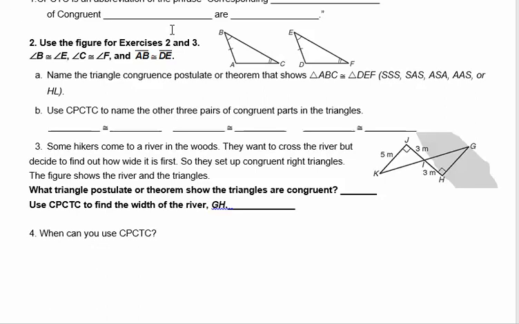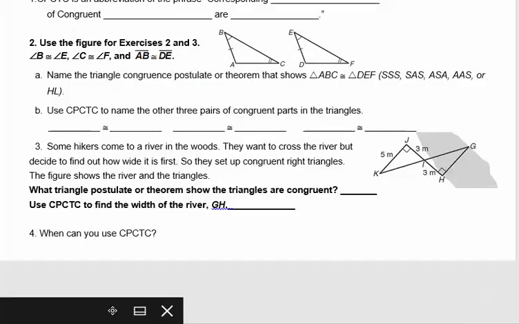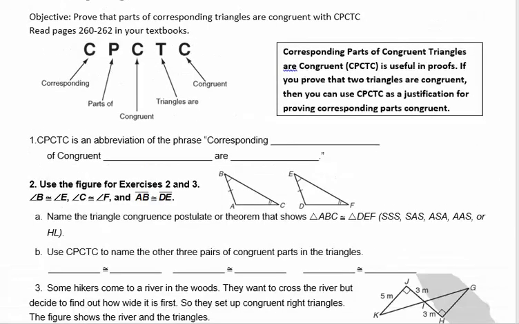Angle B is already marked congruent to E, so we're not going to use that one. We don't have angle A and angle D. But if you prove that these two triangles are congruent by one of these, then we can say that angle A is congruent to its corresponding angle in the other triangle, which would be angle D, by CPCTC.